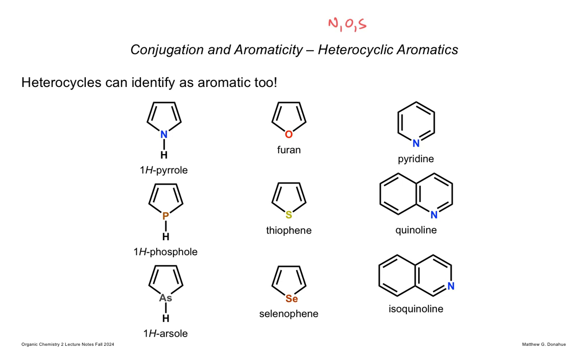This is group 5 here, group 6, some more group 5, but different ring sizes now. You can have a 5-membered ring with nitrogen, that's called pyrrole. And then if we're just going down that group in the periodic table, we hit phosphorus next, so this is phosphole. And then arsenic is arsole, which is always kind of funny, it makes me laugh.